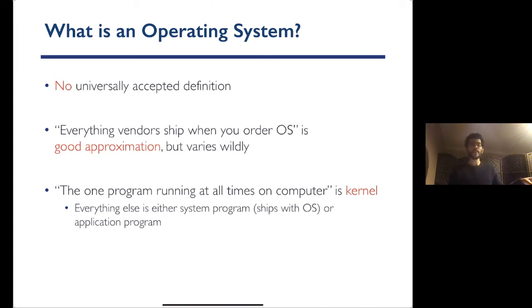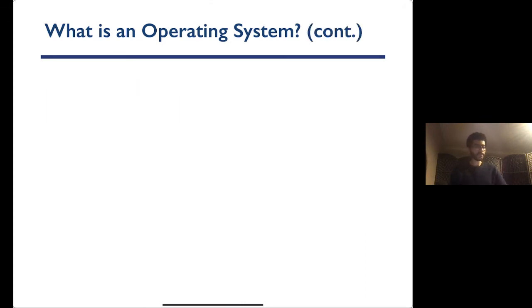Therefore, this component is part of the operating system. This other component is not doing what an operating system should do. Therefore, this component is not part of the operating system. So I think that's the best way. So now in the coming slides, I'm going to just talk about what an operating system does.